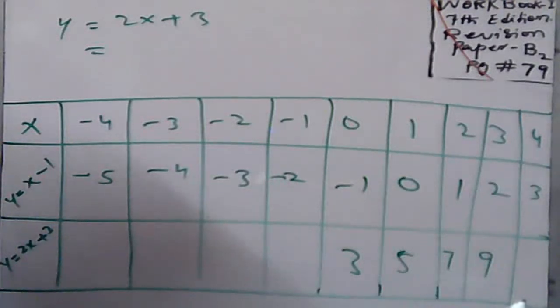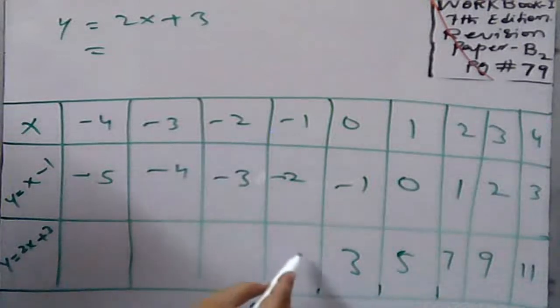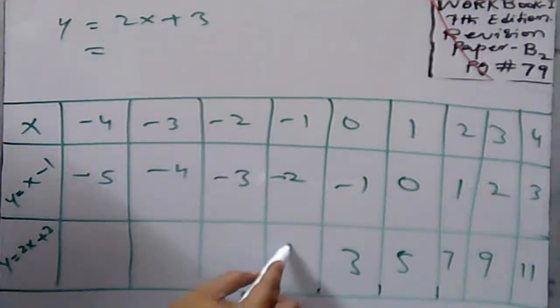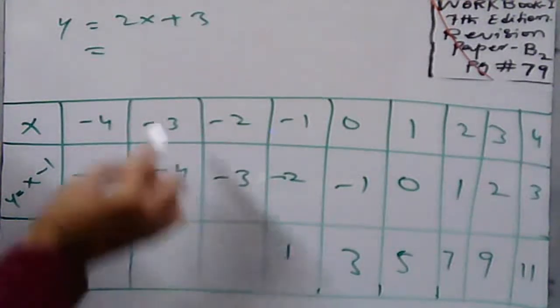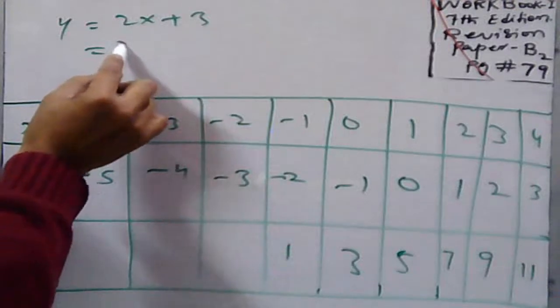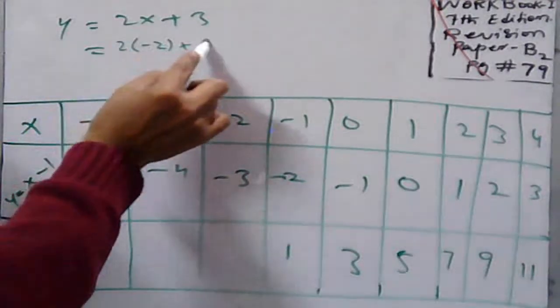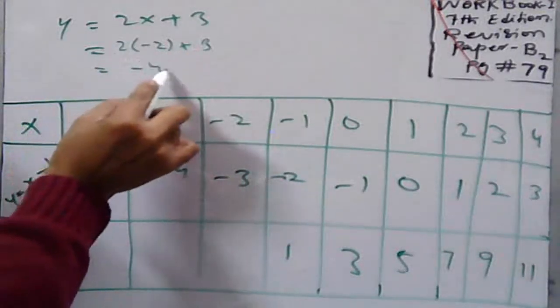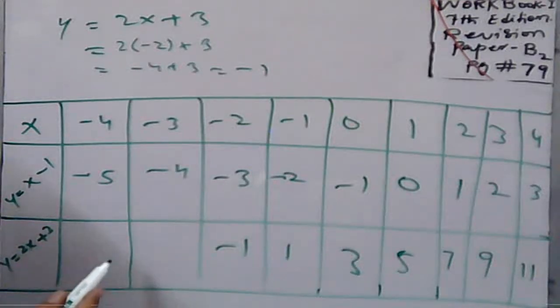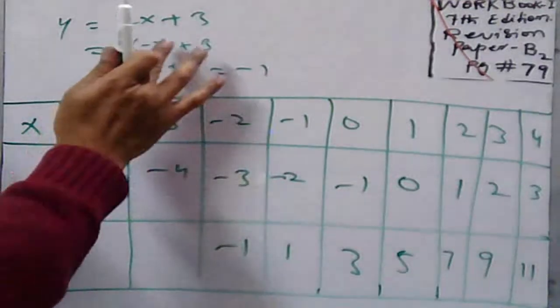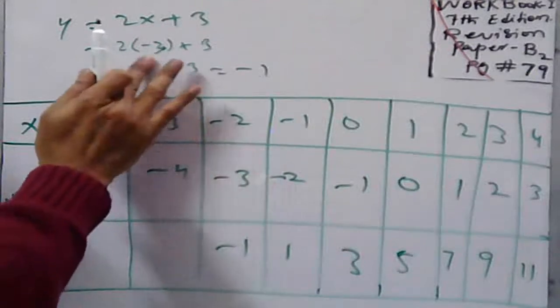Similarly, when you put minus 1, you will get 1, and when you put minus 2, that is minus 4 plus 3, which is equal to minus 1, so minus 1. Similarly, for minus 3, 3 twos are 6, minus 6 plus 3, you will get minus 3.